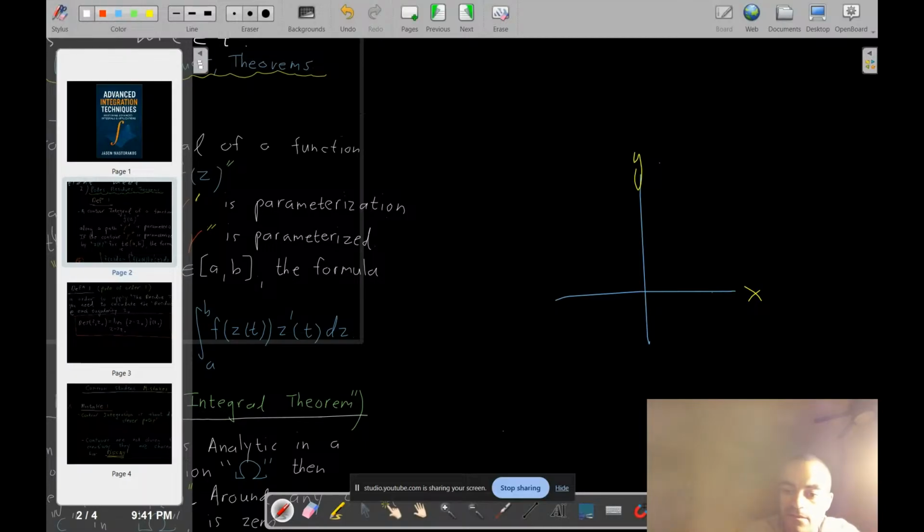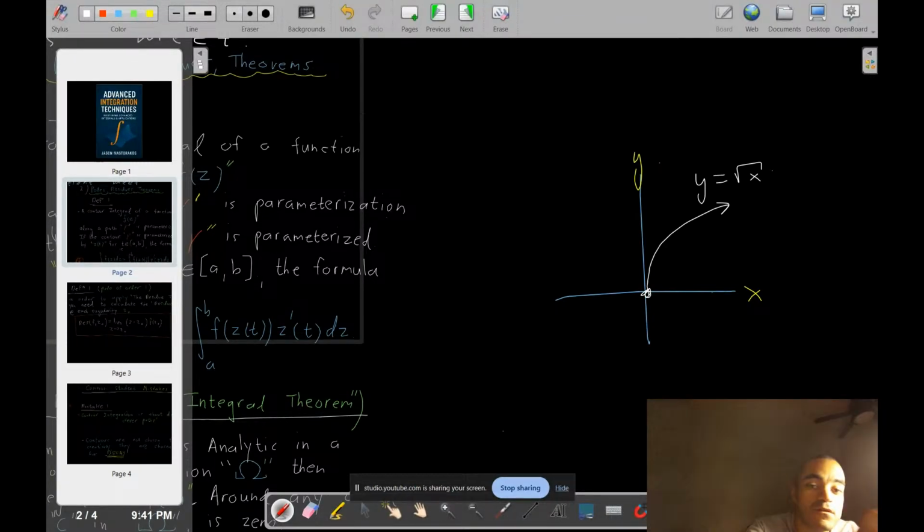Let's say I have a curve y equals root x. Let's say I have another curve down here. Actually, this one will be y equals x. So this is y equals x.